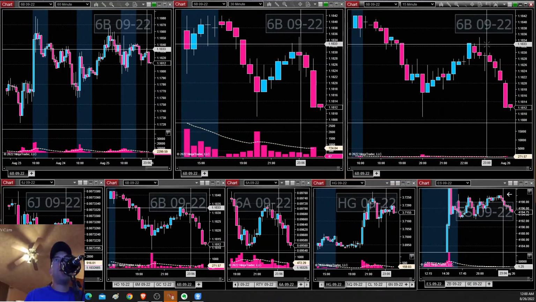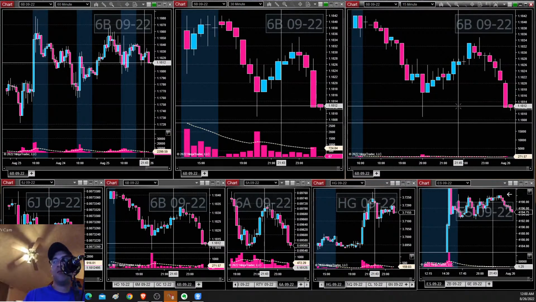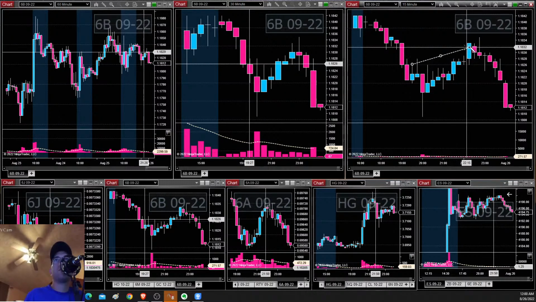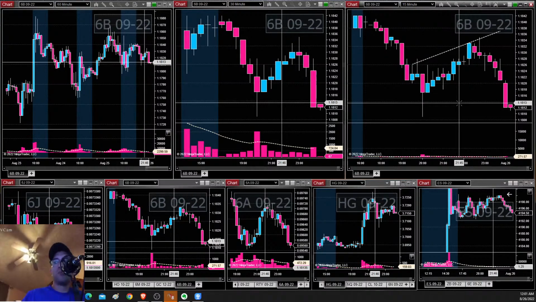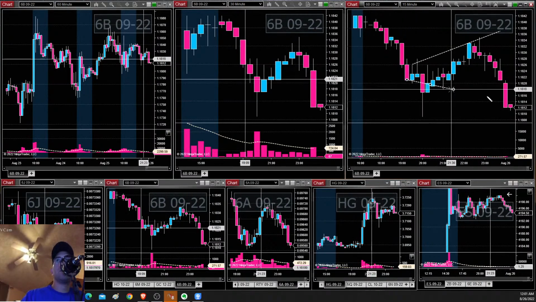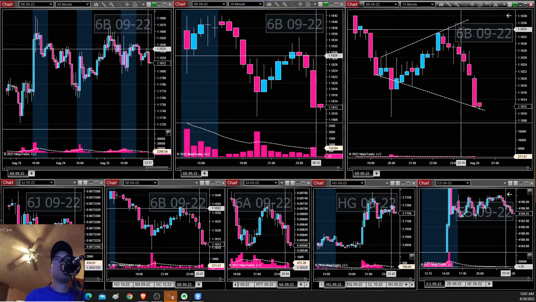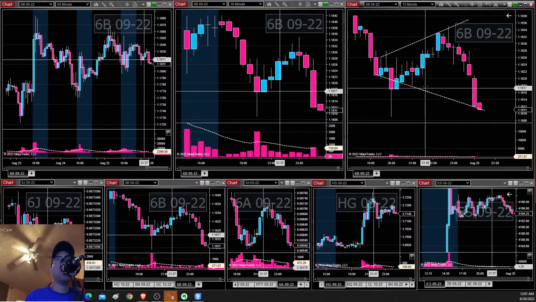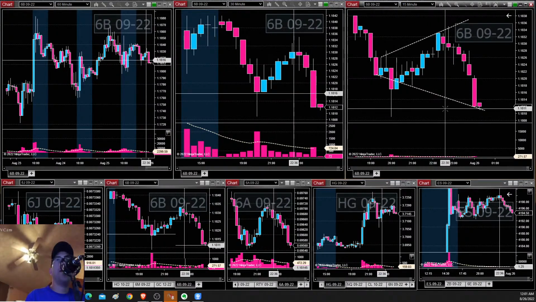Now we can see the broadening formation much clearer on the 15-minute chart. The goal is just to take out a high and a low.